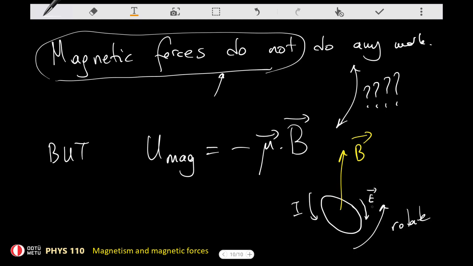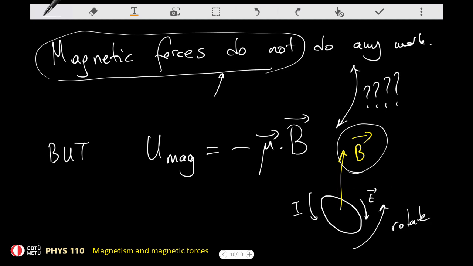This electric field does work on these charge carriers. So it's not a work done directly by the magnetic fields. It's a work done indirectly by the magnetic field. First the magnetic field produces this induced electric field, and that induced electric field does work on the charge carriers. There's an indirect process.